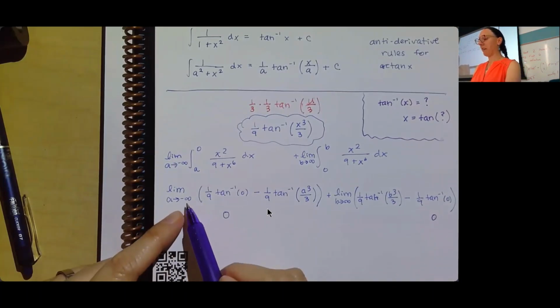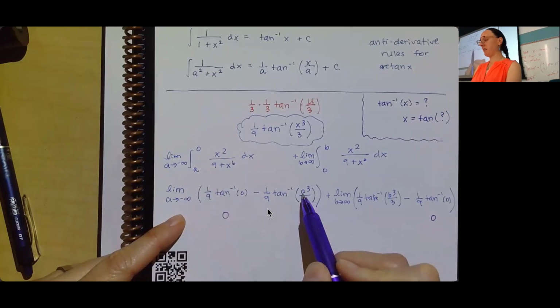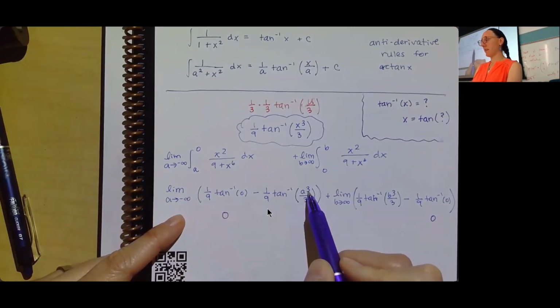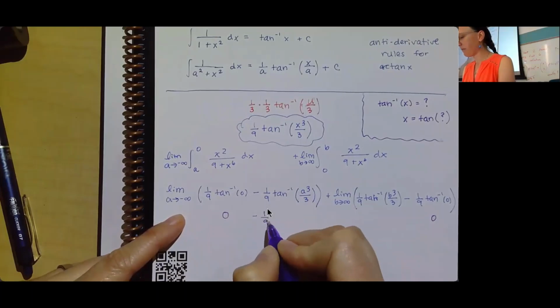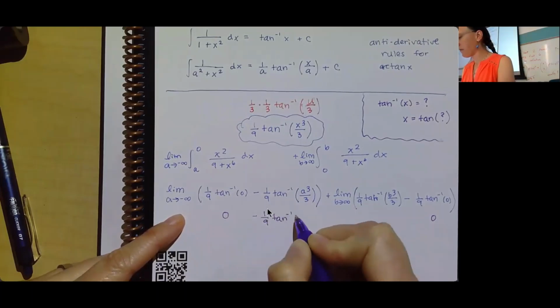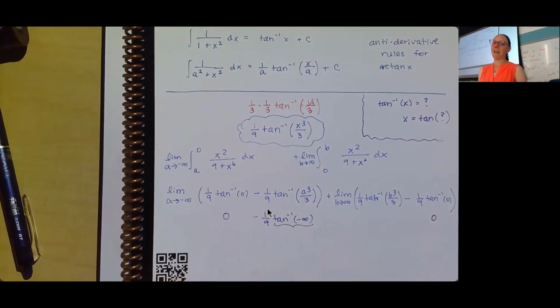Now I'm going to put in the negative infinity part. Negative infinity cubed is still negative infinity. Divided by 3 is still negative infinity. So this is asking what's the angle where tangent goes to negative infinity?